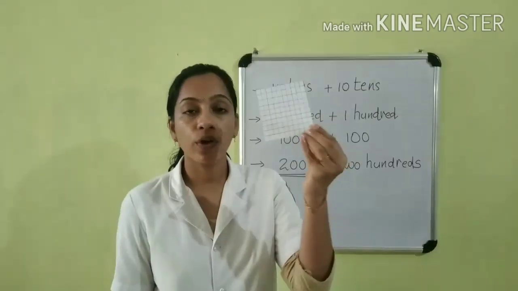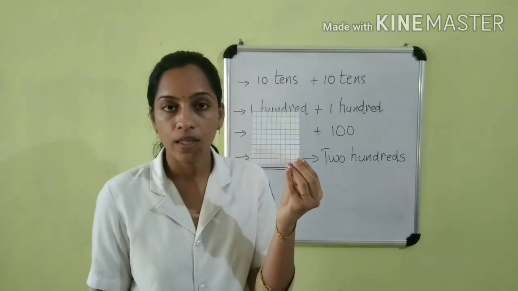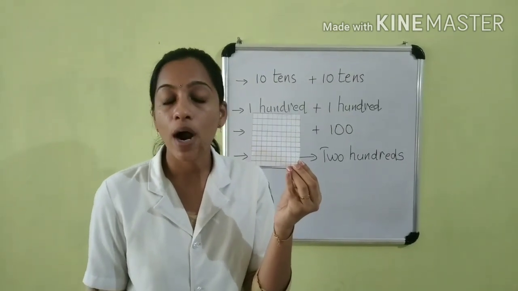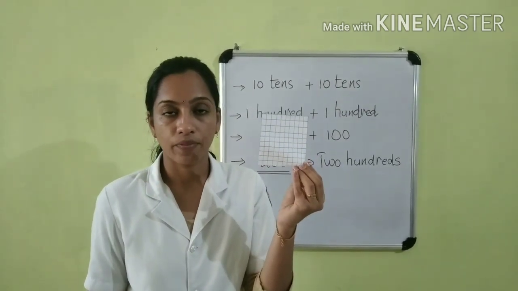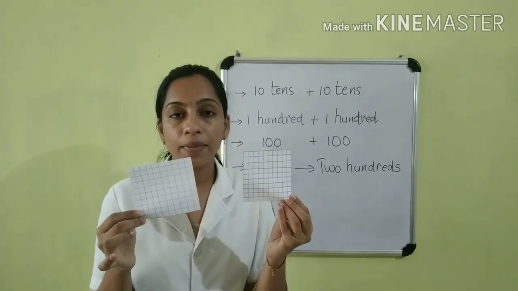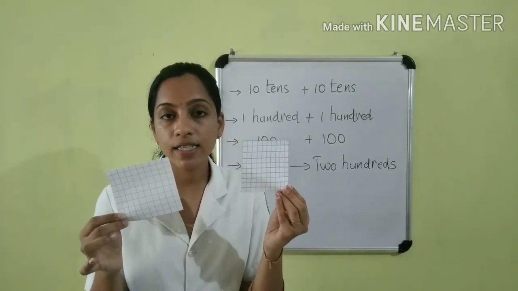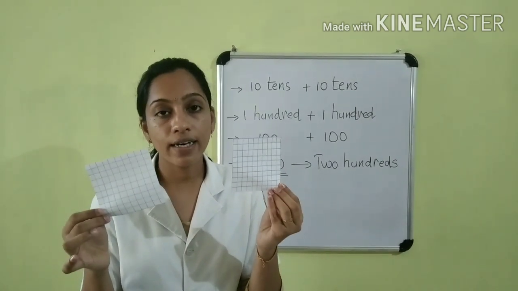Children, I told you this large square represents 100. Then I am going to add one more large square with this square. That is like this. Tell me children, how many hundreds here? 1, 2. Here, 2 hundreds.